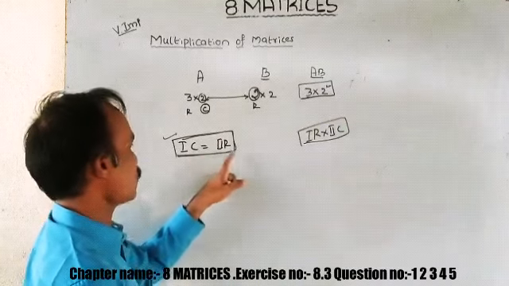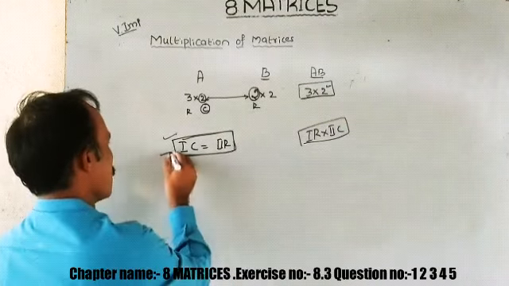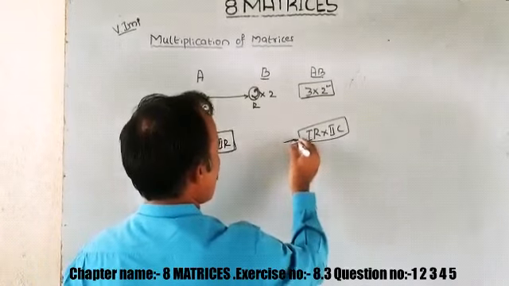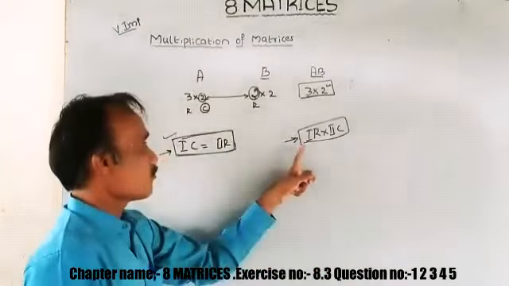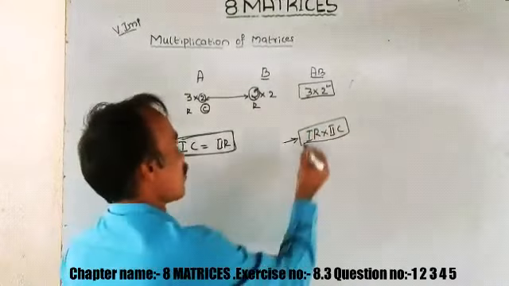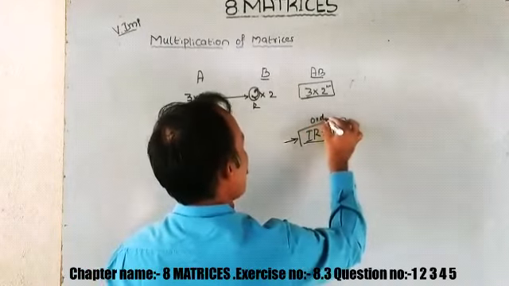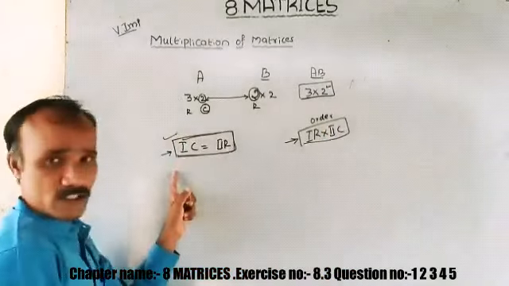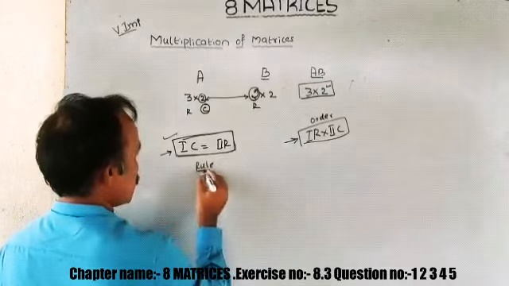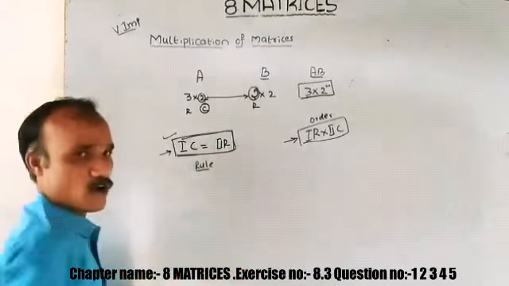First C is equal to second R: this is the rule for multiplication. After multiplication, the obtained matrix is of the order first R into second C. You must remember these 2 points.